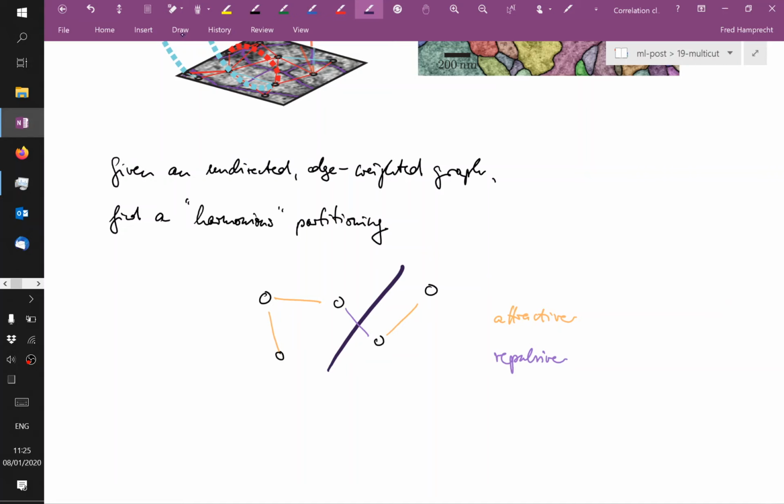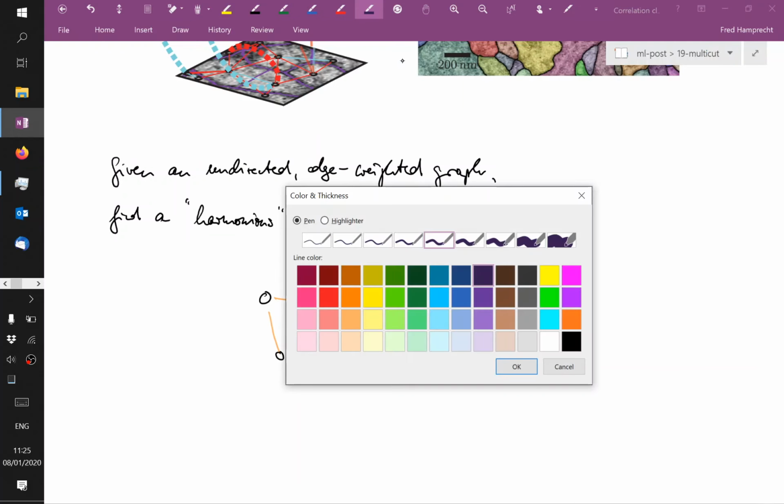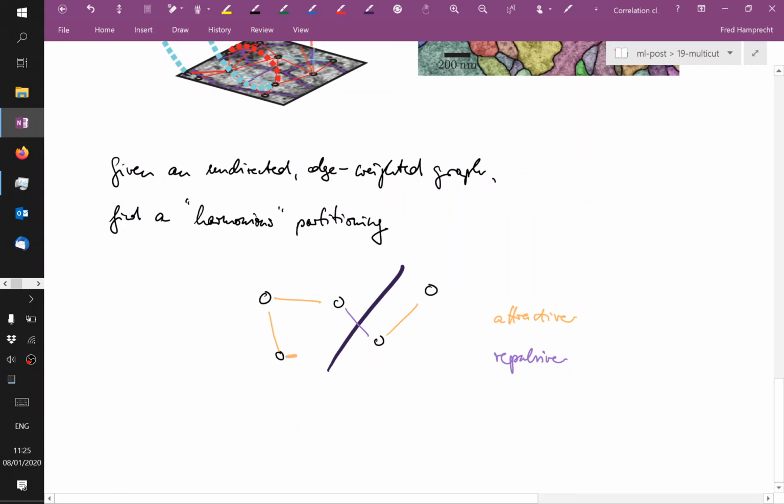Alas, in real life, things may be more complicated. So perhaps there is an additional attractive edge here. And now we can start arguing, okay, if this attractive edge here is stronger than the repulsive edge, we cannot please everybody, but attraction being stronger than repulsion, maybe let's remove this cut and put everybody in one group.